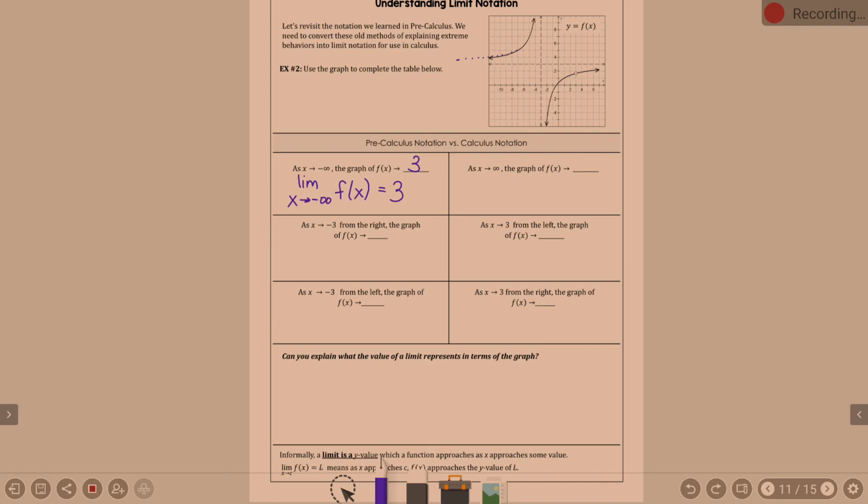So as we're going off to the right, long term, what y value is that graph approaching? 3. It's approaching it from underneath instead of from above, but it's still approaching 3. Official notation: the limit as x approaches infinity of f of x is equal to 3.